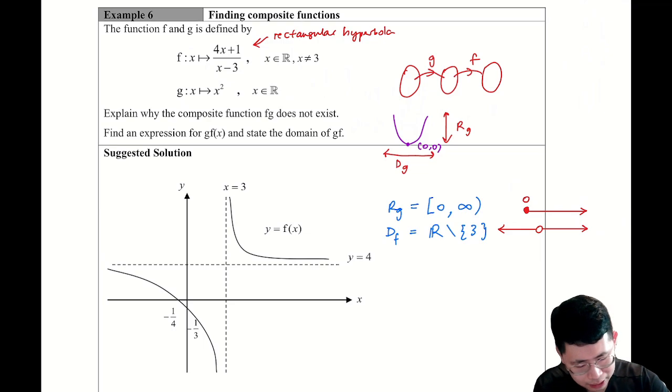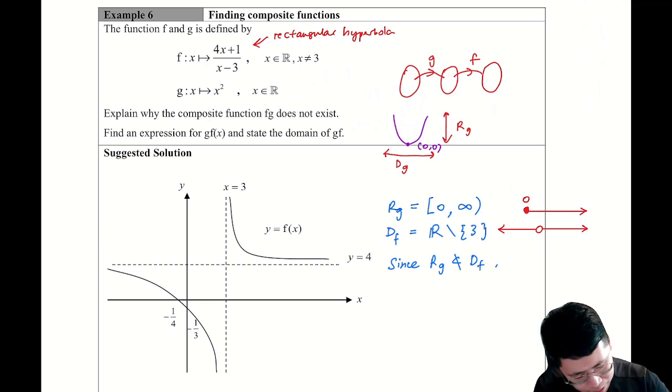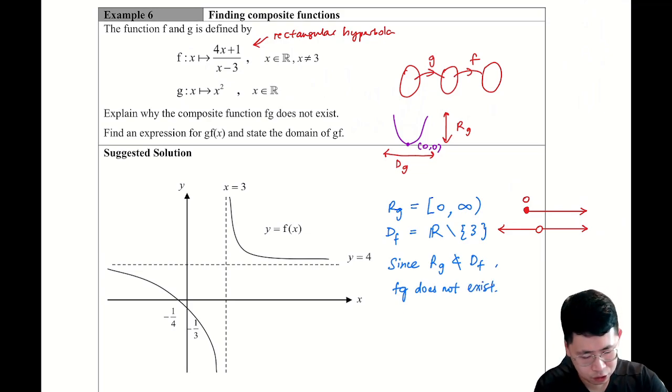So what we need to write is, since the range of g is not a subset of the domain of f, the function fg does not exist.